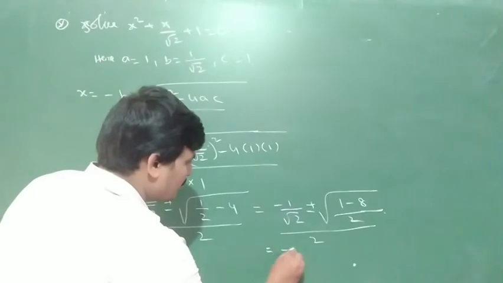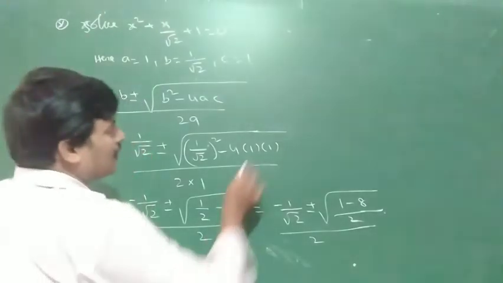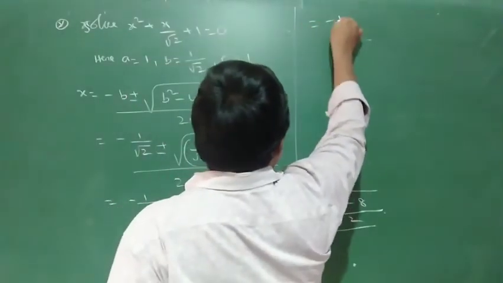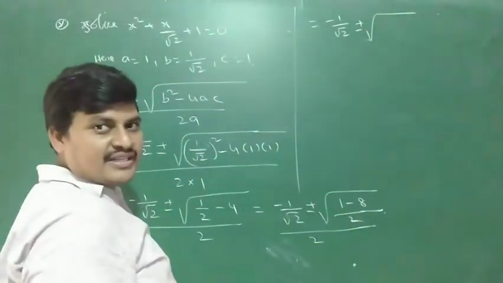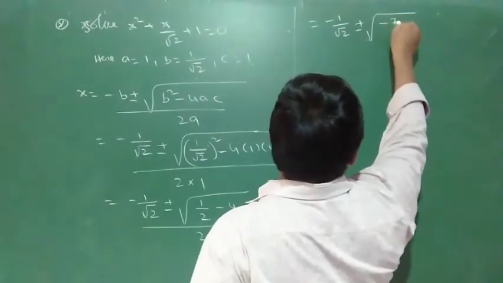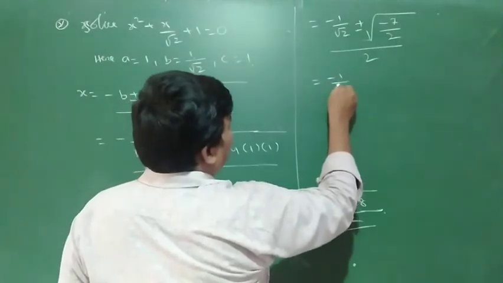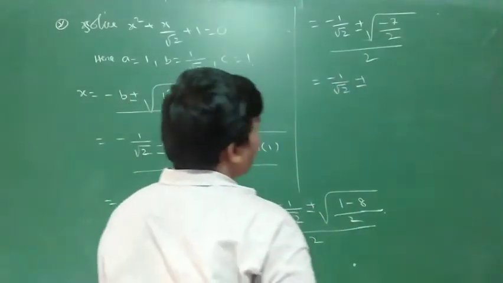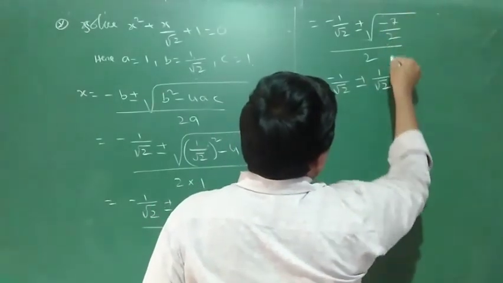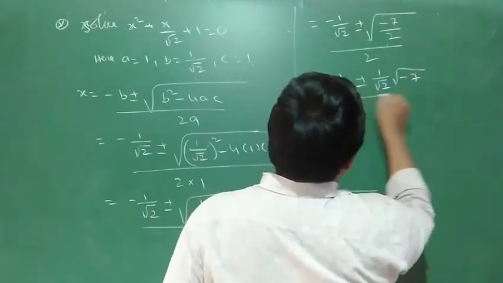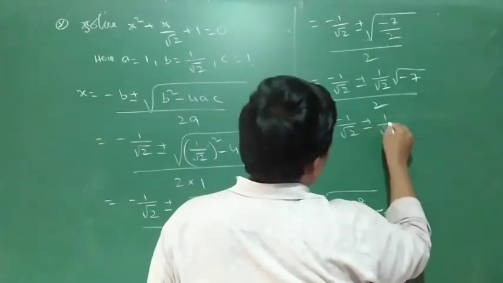So that is equal to minus 1 by root 2 plus or minus root of 1 minus 8, which is minus 7, so minus 7 by 2. That is minus 1 by root 2 plus or minus 1 by root 2 into root of minus 7 by 2.